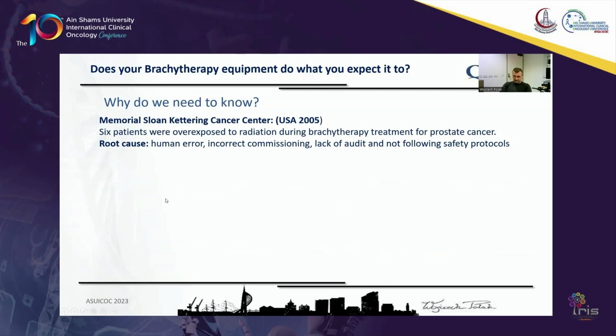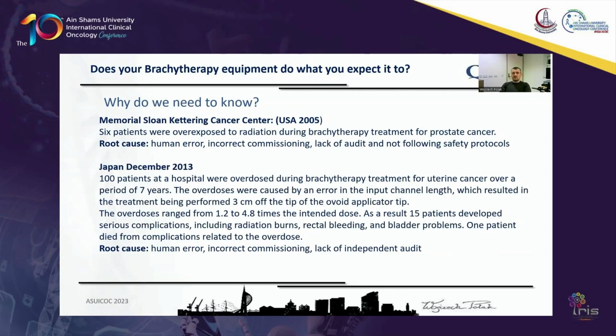The bigger one was in Japan in 2013. 100 patients at the hospitals were overdosed during the brachytherapy treatment for uterine cancer over a period of 7 years. The overdoses were caused by an error in the input channel length for the applicator, which resulted in treatment being performed 3 centimeters off the tip of the ovoid applicator tip.